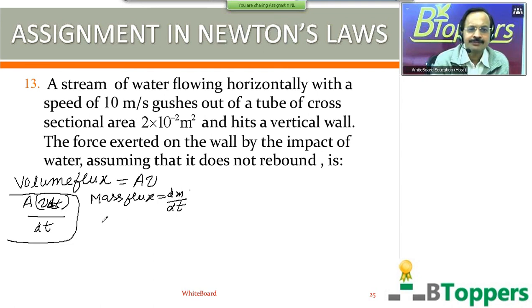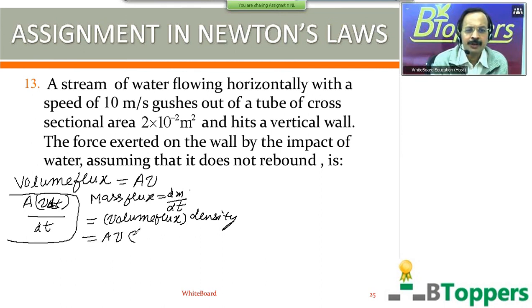That means if dm is the mass of water flowing through any cross section of the tube in the infinitesimally small interval of time dt, then dm by dt means mass of the water flowing per second through any cross section of the tube. That is equal to volume flux of water into density of water. Volume flux you can write A v, density is denoted by rho.